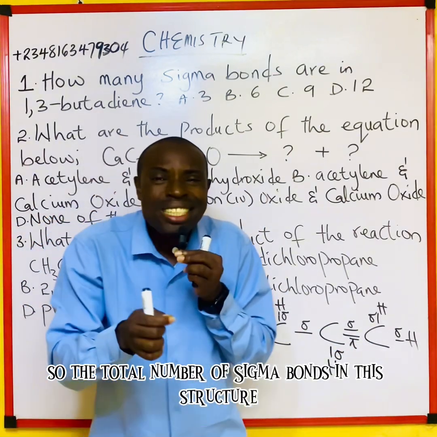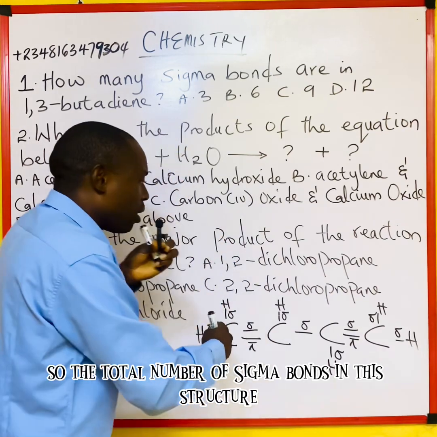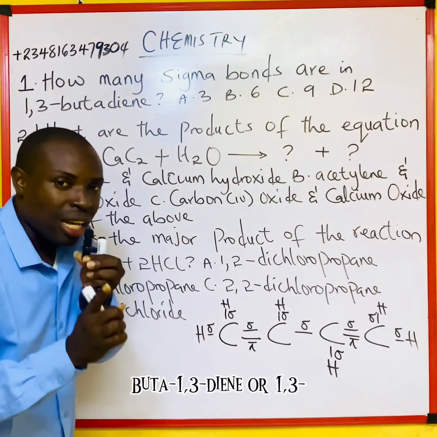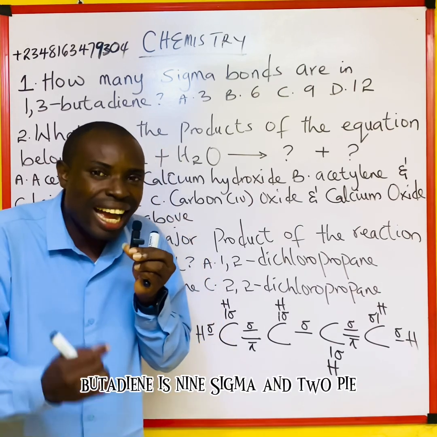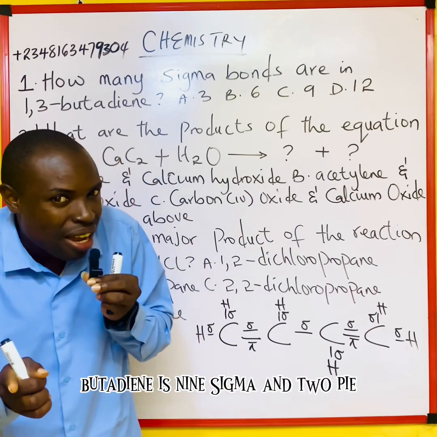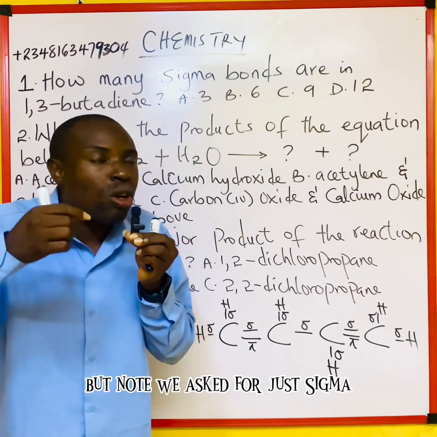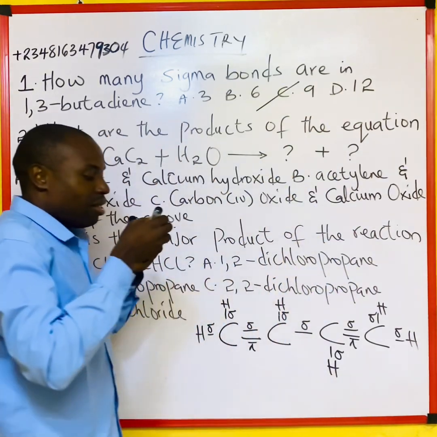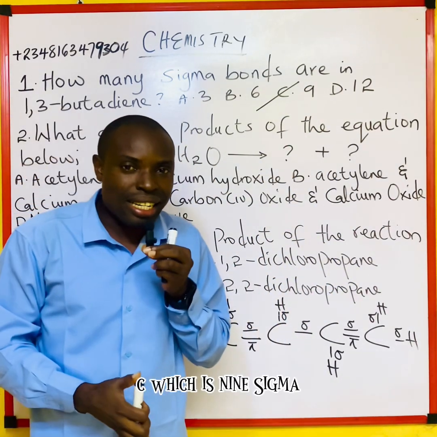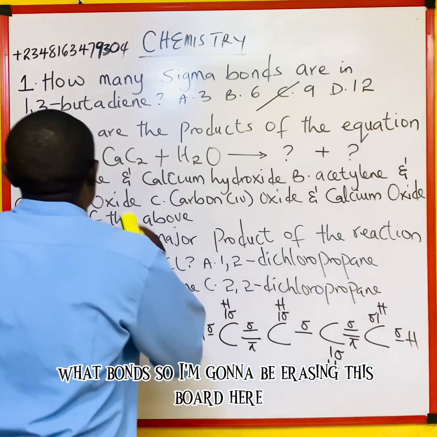So the total number of sigma bonds in this structure, buta-1,3-diene or 1,3-butadiene, is 9 sigma and 2 pi. But note, we were asked for just sigma. So the final answer is C, which is 9 sigma bonds.